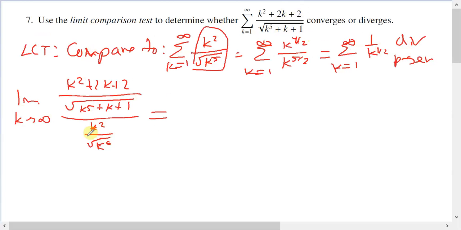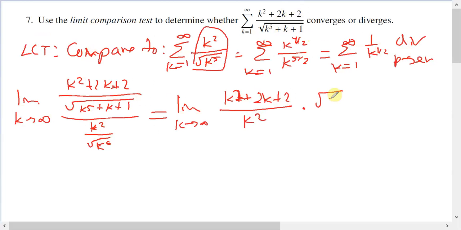All right, and then I flip the bottom and collect factors that have the same terms in them. So the k squared plus 2k plus 2 goes here. That's divided by the k squared that'll flip up here in the top. And then I've got my square root of k to the 5th that I'll collect together with this one.